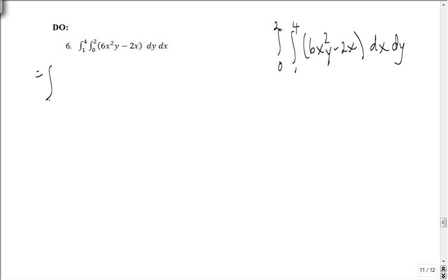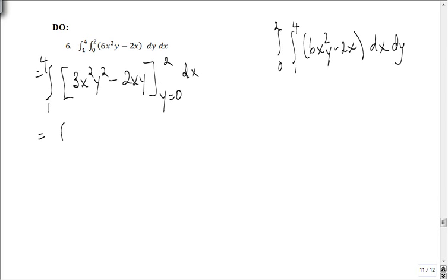So this is equal to the integral from 1 to 4 with respect to y. It is 3x squared y squared minus 2xy from y equals 0 to 2, dx, which is equal to the integral from 1 to 4. Put 2 for y, you're going to get 12x squared minus 4x dx.